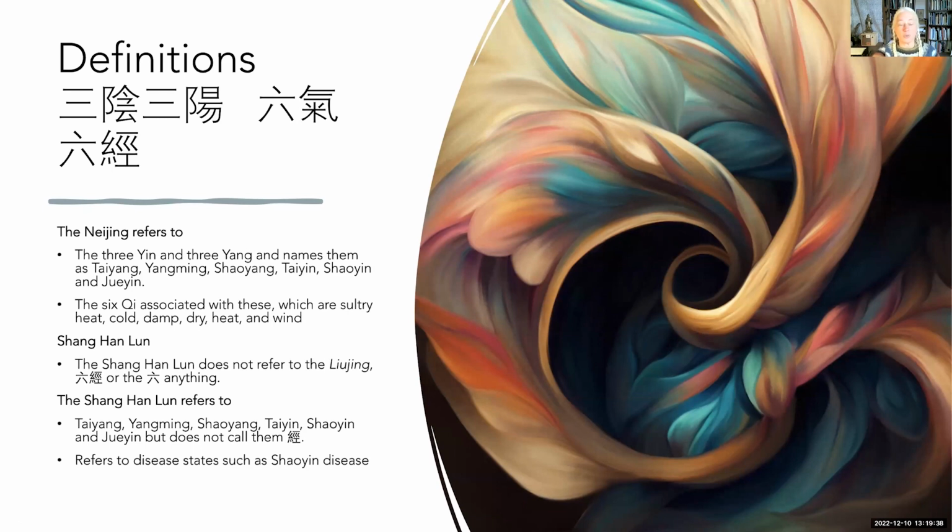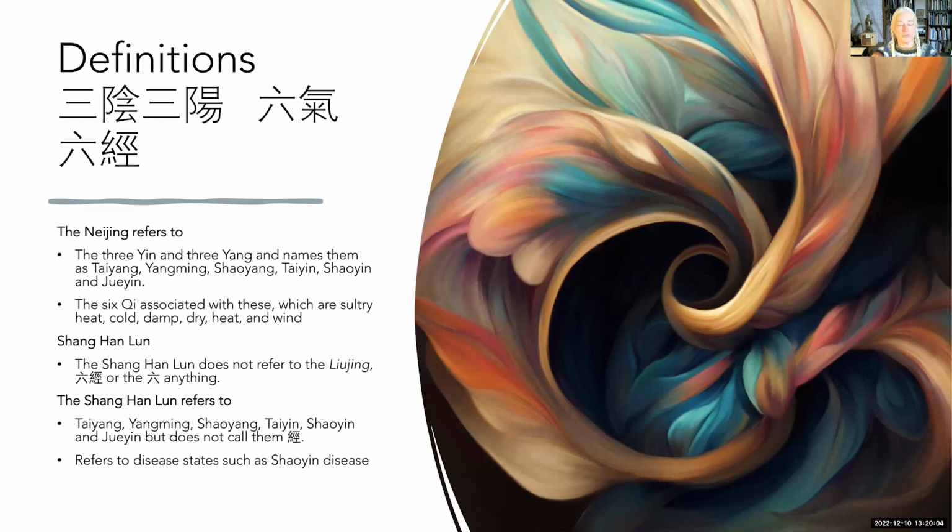I'm using the words great sweeping motion for this character jing. Here the Neijing refers to the 3 yin and the 3 yang, and names these specifically: the 3 yang being Taiyang, Yangming, Shaoyang, and the 3 yin being Taiyin, Shaoyin, Jueyin.